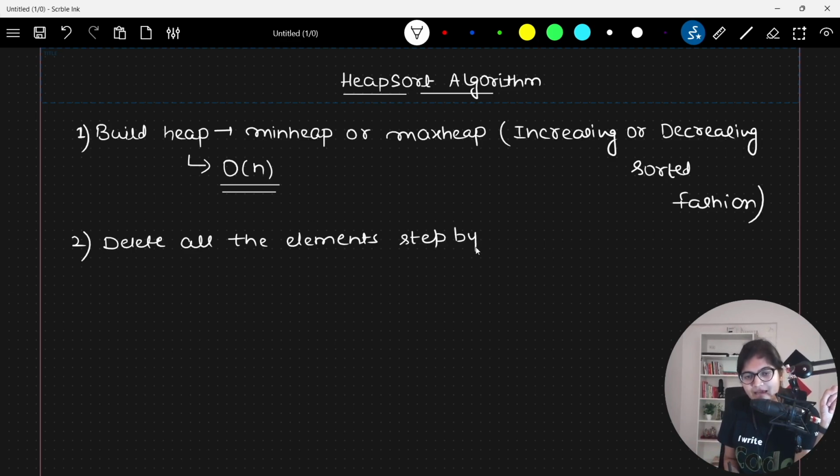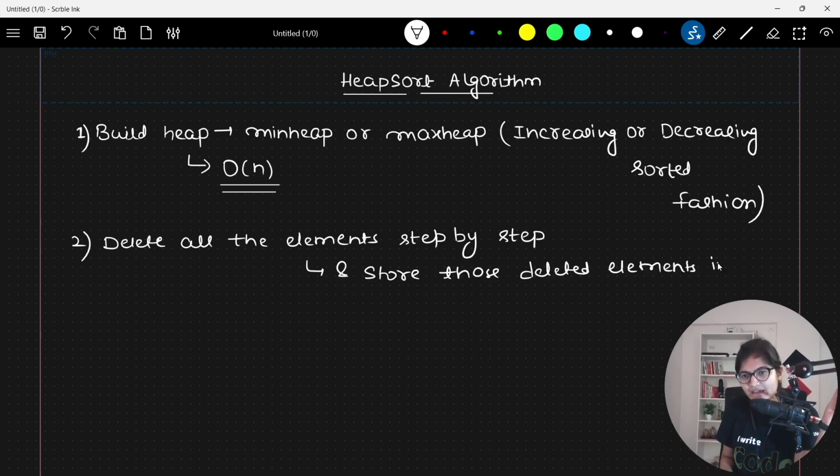You are deleting the elements, so you are getting the first smallest, second smallest, third smallest, and you can store those deleted elements in any data structure, or you can store them in the same array which you are using, right?